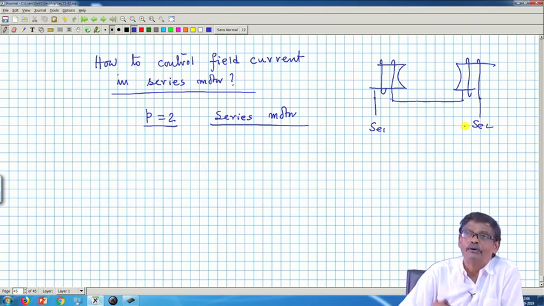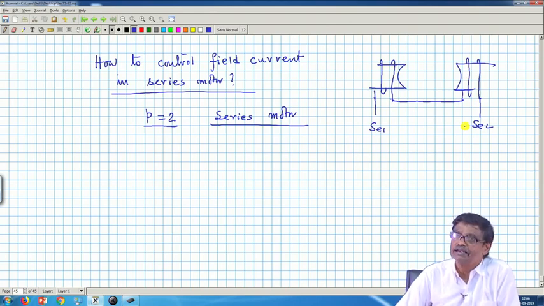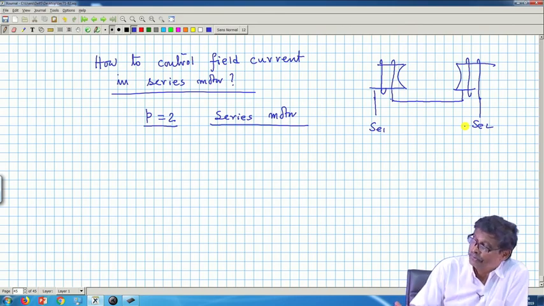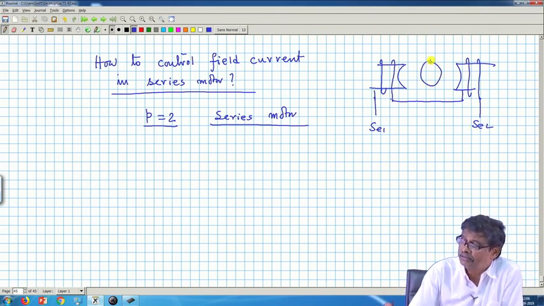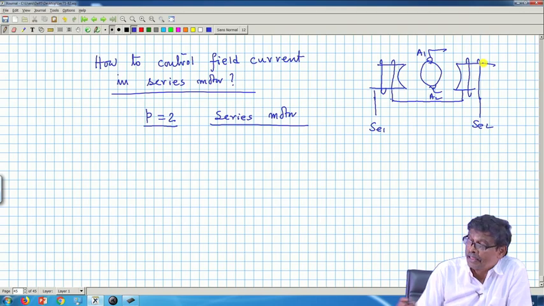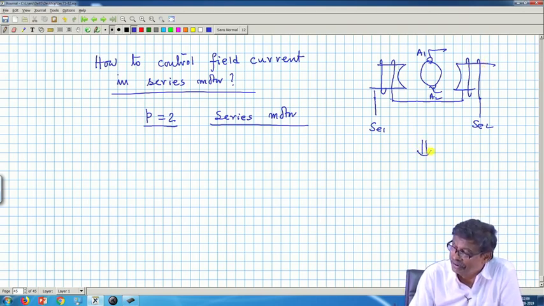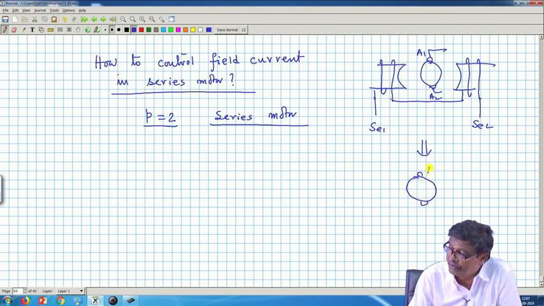Now, these two field coils I can slightly play with in this fashion. So, in normal series motor, they are connected in series, these two are the terminals, and then there is armature terminals. This is what we have done so far, A1, A2, and this A1 connected with AC1, these two are in series, supply with the voltage. This is my armature terminals, A1, A2.